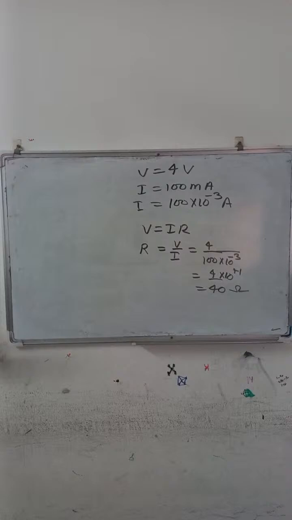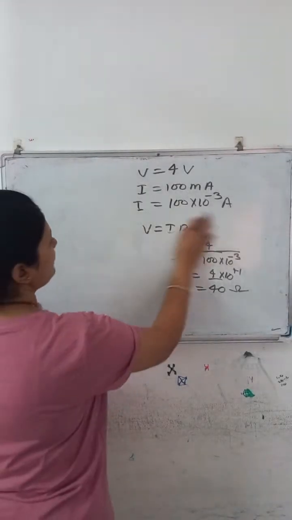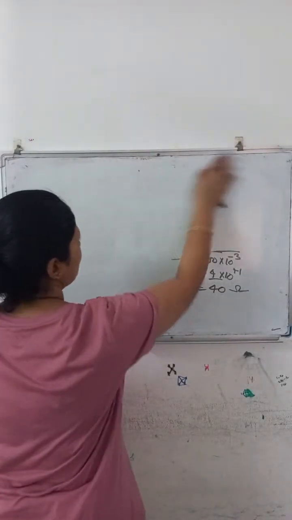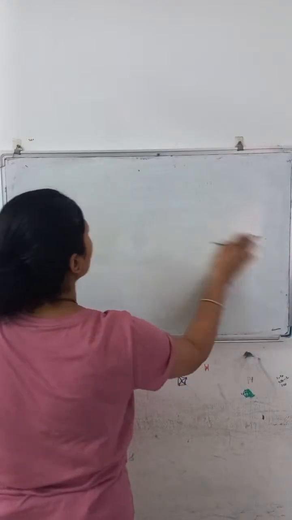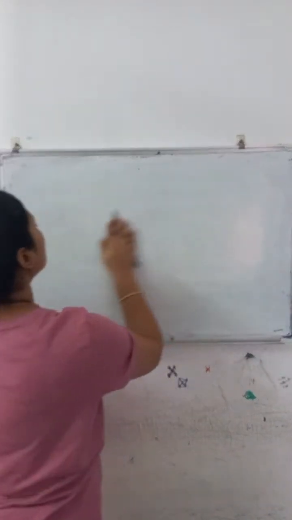Okay, maximum resistance. So here we have two kinds of combinations, that is series and parallel combinations for the resistors. So remember, in series, whenever we are connecting the resistors back to back, in that case you will get the maximum resistance, and when the resistors are connected in parallel, then you are getting the minimum resistance.